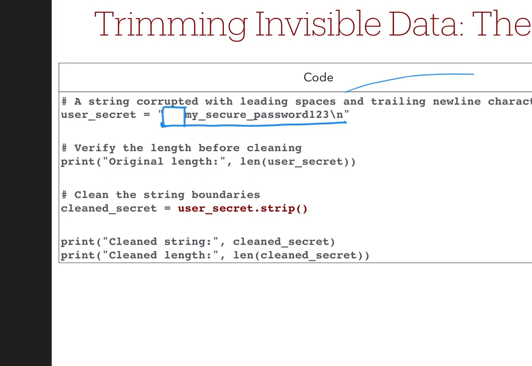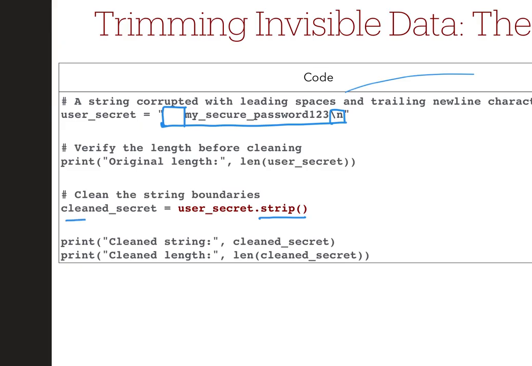So I have white space in the beginning and at the end. The last character is a new line character. So if I call strip function, it will eliminate white spaces in the beginning and it will also remove the new line character at the end. And then it will return this output.